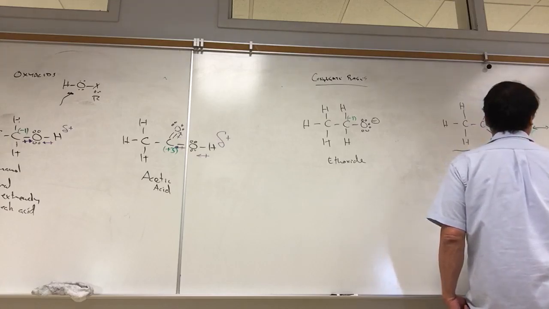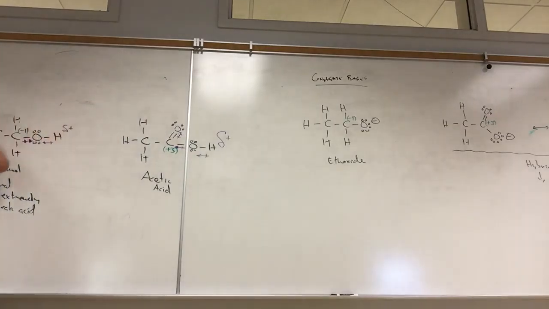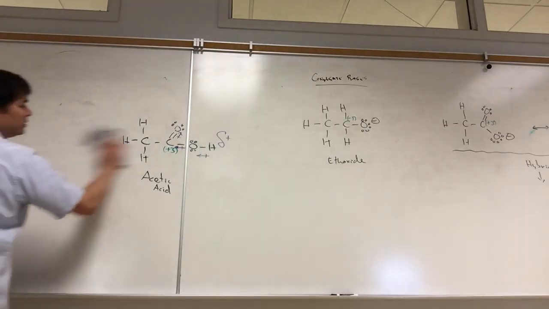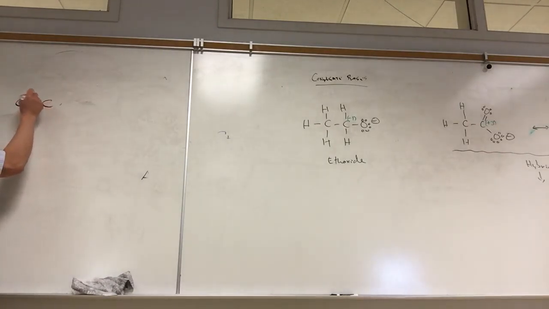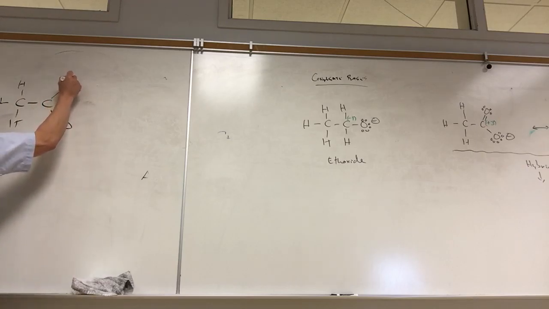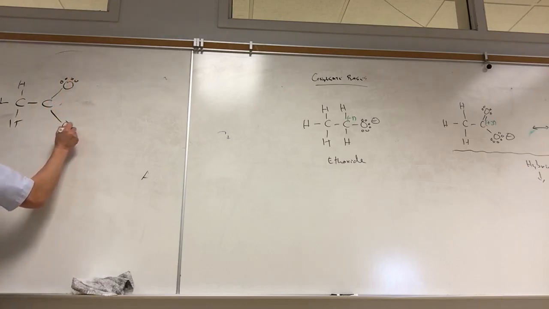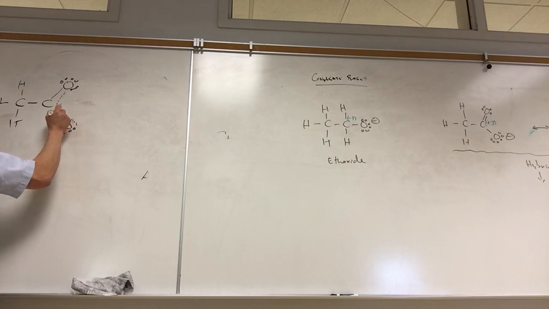So let's go ahead and get the hybrid structure from this. The hybrid structure is going to look like this. We'll have 2 lone pairs and then 1 lone pair that's kind of floating, on both of these, and then a double bond.